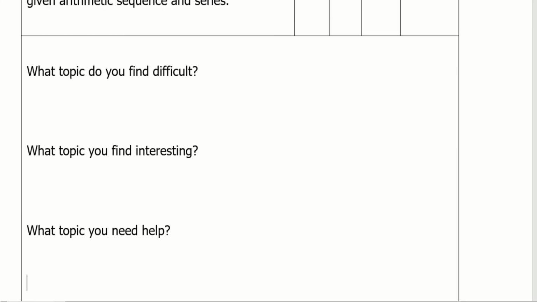Now, what topic do you find interesting, or maybe they are enjoying the topic and then they find interesting the part of finding the arithmetic means or the arithmetic sequence or evaluating the arithmetic series. It depends upon the students, and that result or that feedback or answer of the students would reflect to the teacher's teaching inside the classroom.